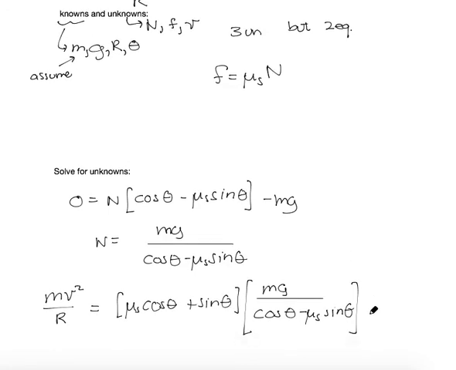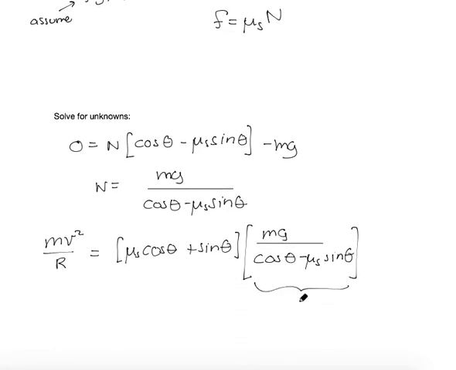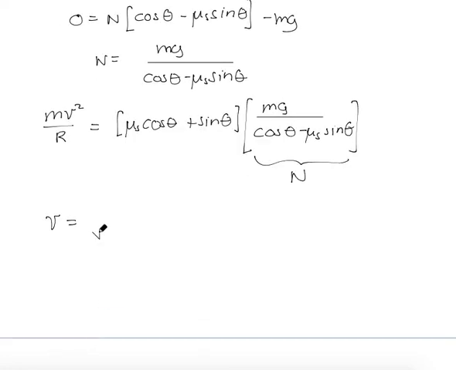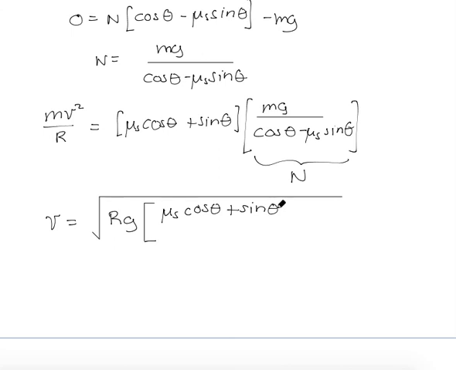Solving for v, we got v equals the square root of rg times sine theta plus mu cosine theta, divided by cosine theta minus mu sine theta.